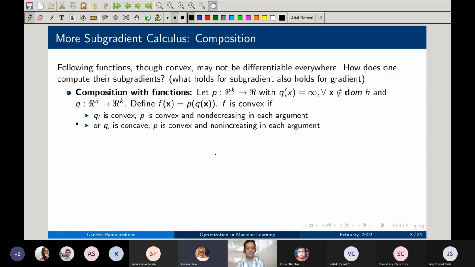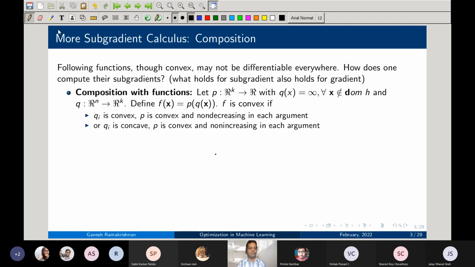It's basically a kind of dot product between the subdifferential of P and each subdifferential of Q. That's how you'll get the subdifferential of f, right? Yes. Okay, so let's do that.